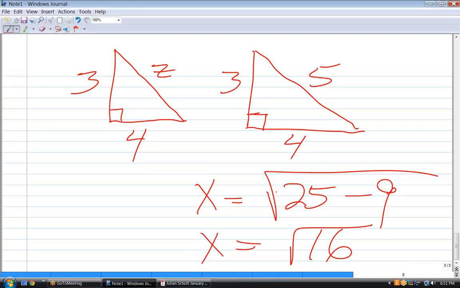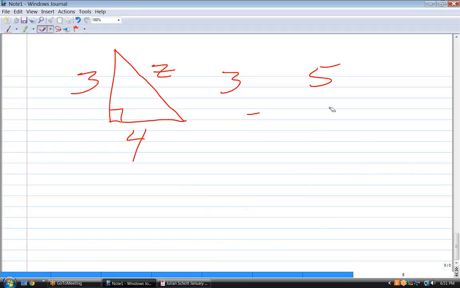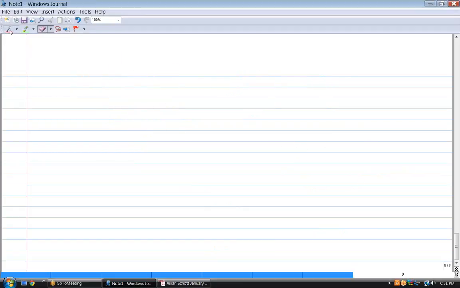So, you know how to solve a right triangle. I'm a little bothered that you don't know your perfect square numbers as well as you should. Okay? Let's just talk about perfect square numbers. What's 1 squared? 1. Okay. What's 2 squared? 4.